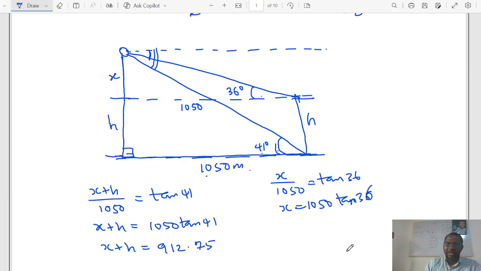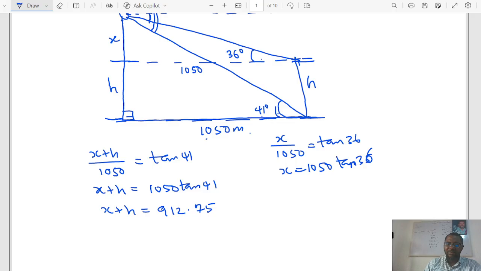So let me use my calculator. 1050 tan 36. This is giving me 762.87. So x is equal to 762.87.